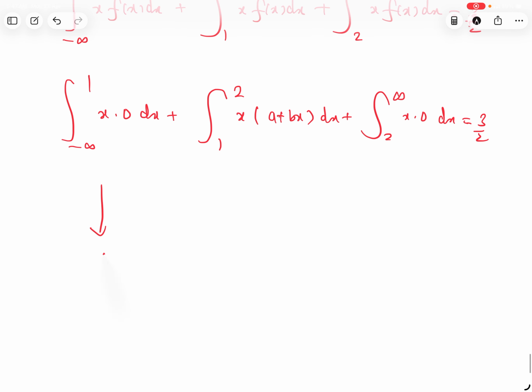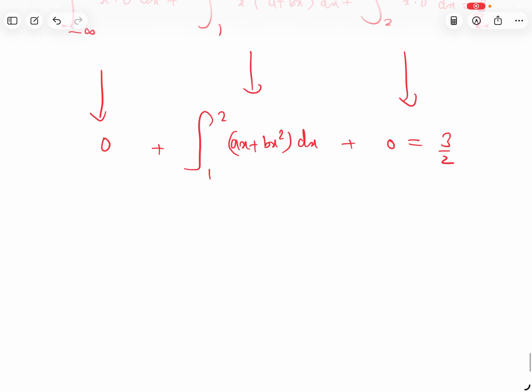So this part is going to be 0, plus, from 1 to 2, ax plus bx square dx, plus this part again going to be 0. We can take the integral. This is ax square by 2 plus bx cubed by 3, from 1 to 2.